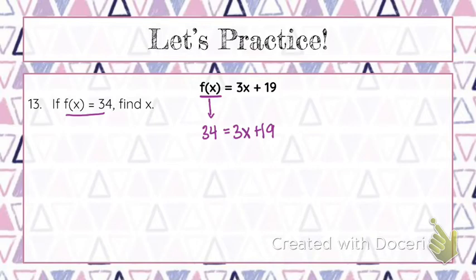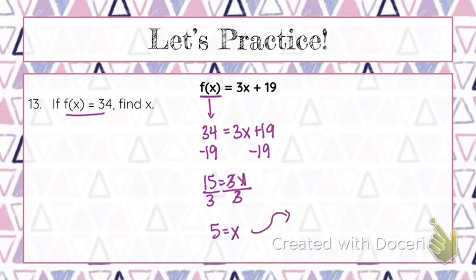So then we are going to solve for x. So subtract 19 from both sides, and we get 15 equals 3x. Divide both sides by 3, and we get 5 equals x, which we will rewrite as x equals 5. And that's our answer.